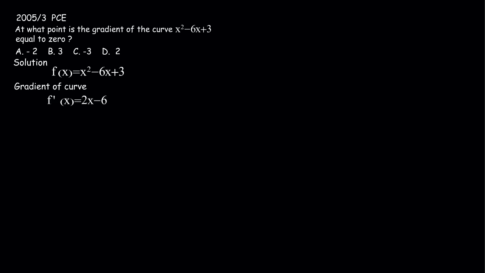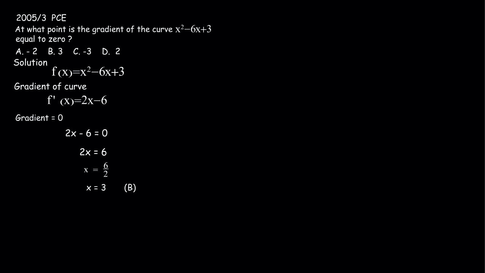Now f prime of x, which is our dy over dx, is equal to 2x minus 6. So when the gradient is equal to 0, we substitute 0 for f prime of x, or for dy over dx, so 2x minus 6 will be equal to 0. Simplifying further, bringing the 6 to the other side, it becomes positive, so 2x will be equal to 6. Now dividing both sides by 2, x will be equal to 6 over 2, and x will be equal to 3.